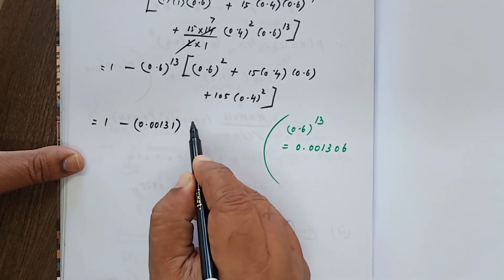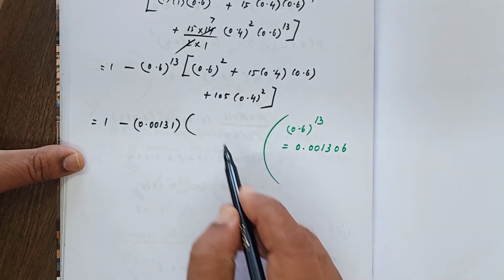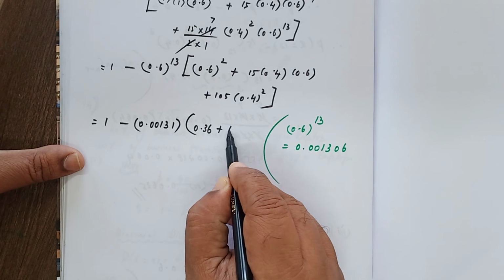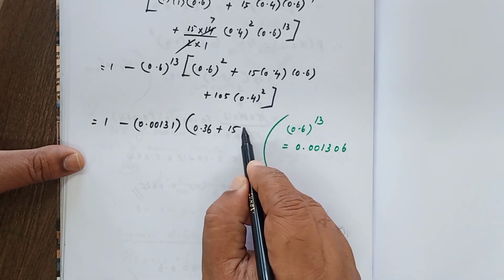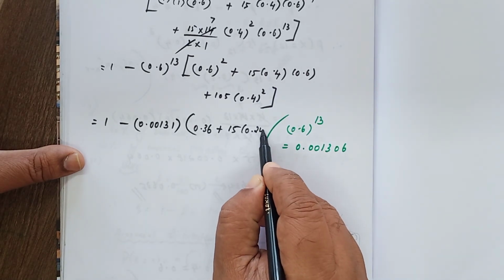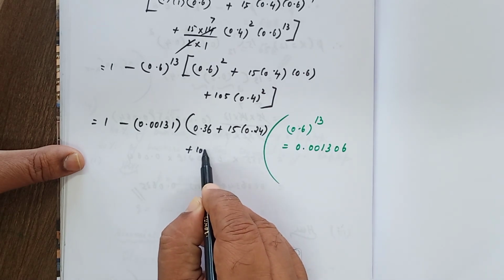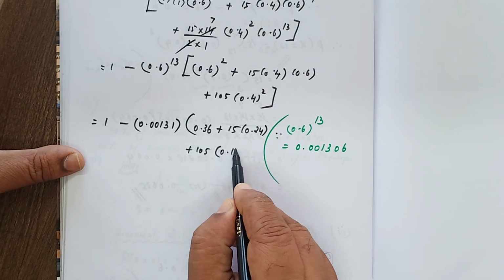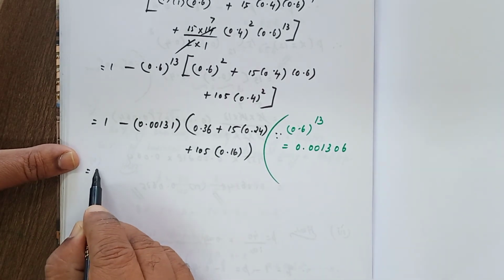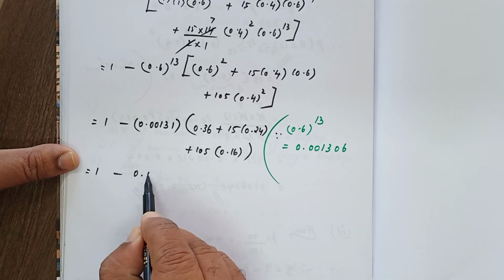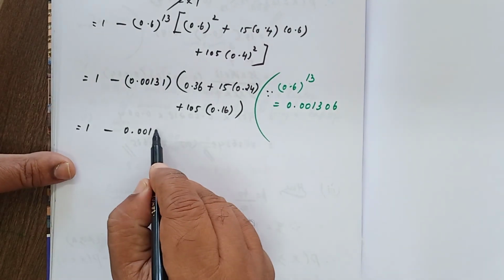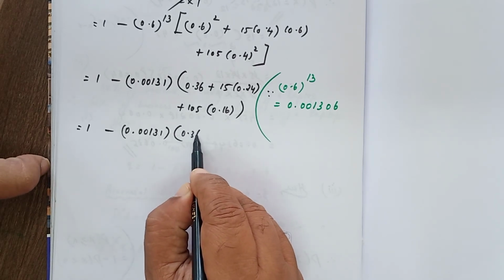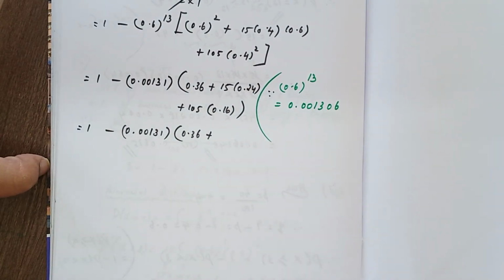Okay. Now 0.6 the whole square is 0.36, plus 15 into 0.4 into 0.6, which is 0.24, plus 105 into 0.4 the whole square, which is 0.16. That is equal to 1 minus 0.00131 into 0.36 plus 15 into 0.24.